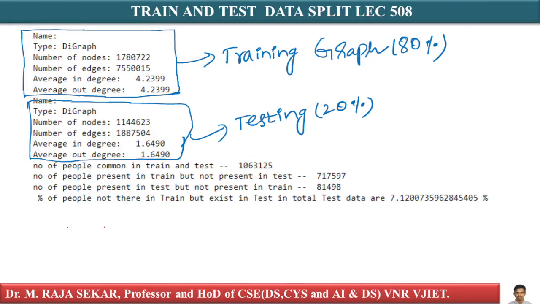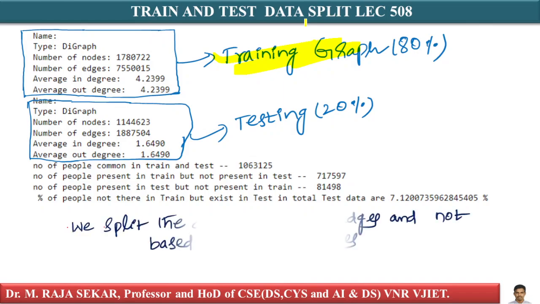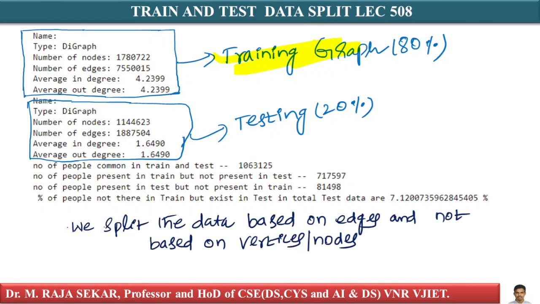This one is your training graph, isn't it? So in your training graph you have 1.78. We split the data based on edges. That's important, isn't it?